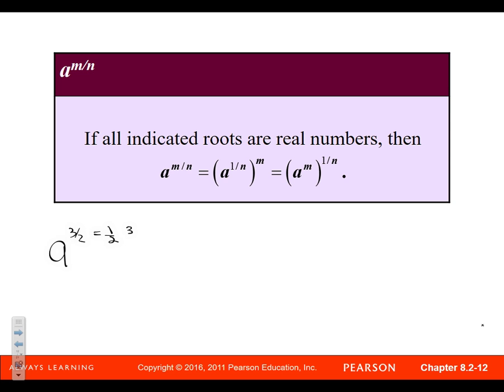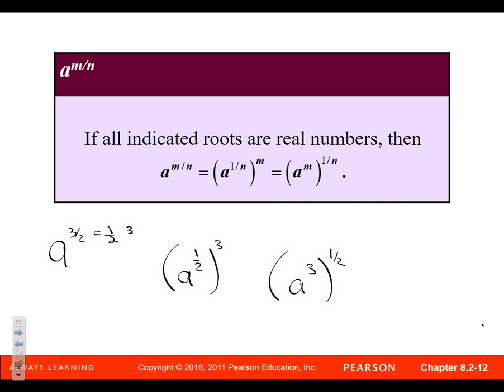So what they're saying there is that when I'm doing the fraction breakup, I can say this is a to the 1/2 times 3, or I can say that's a to the 3 times 1/2. Don't they both result in the same thing at the end? So that's what they're saying.